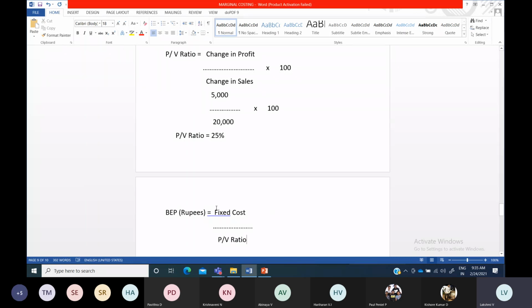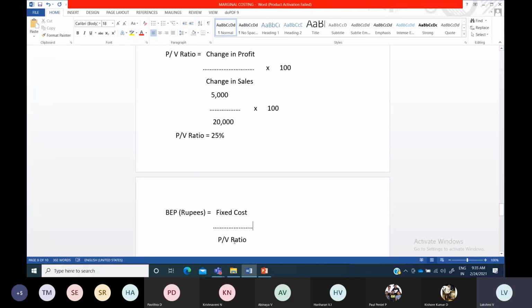If you want BEP in units, it is fixed cost divided by contribution per unit. But whenever they ask you break even point, you have to find out in rupees, that is in sales only, which is fixed cost by PV ratio.